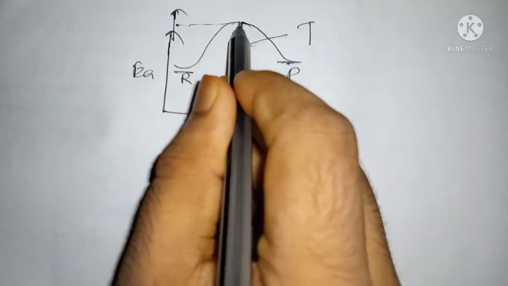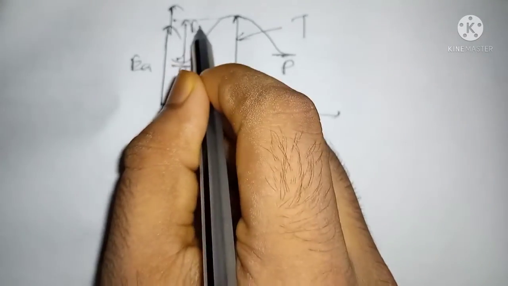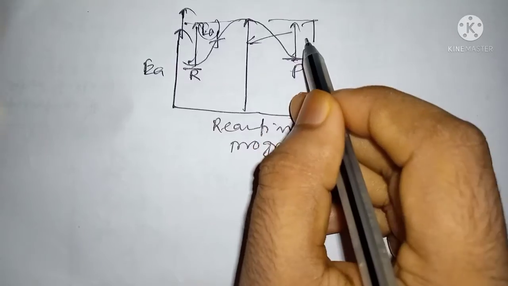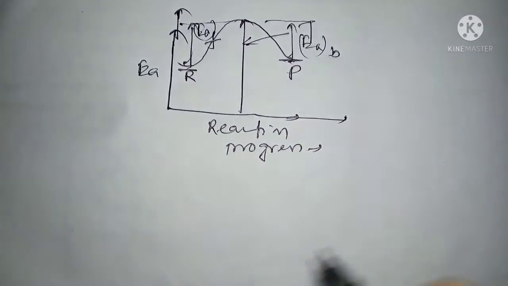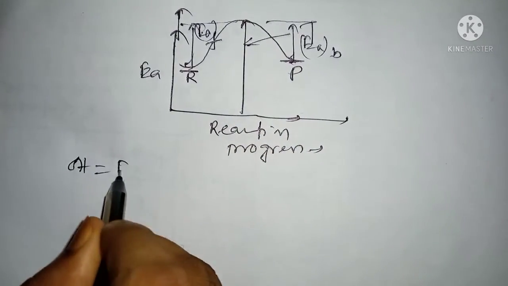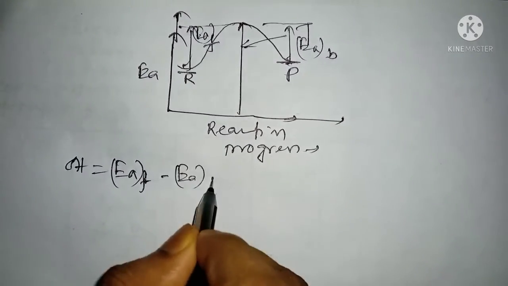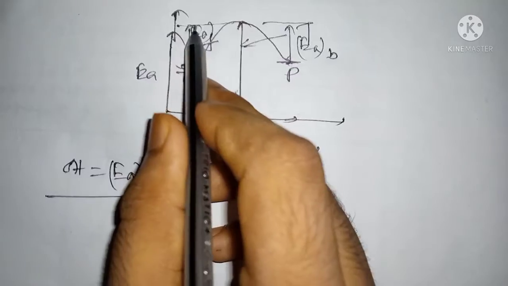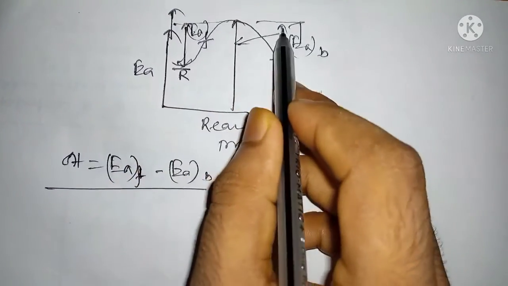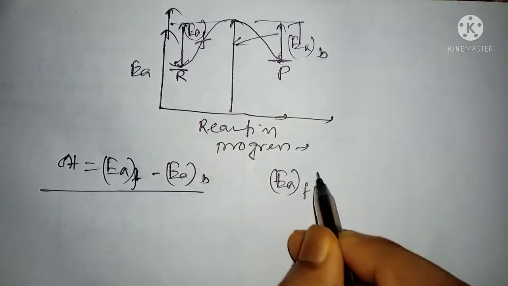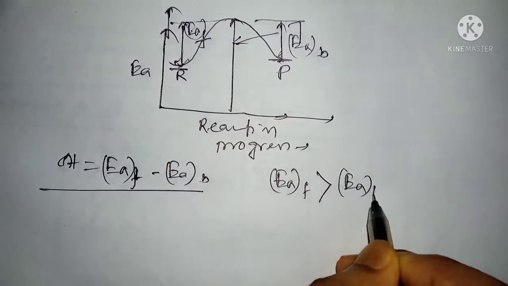And this is the activation energy of the forward reaction, and this is the activation energy of the backward reaction. Now delta H equals activation energy of forward reaction minus activation energy of backward reaction. In this case, the forward reaction activation energy is much more than the backward reaction.